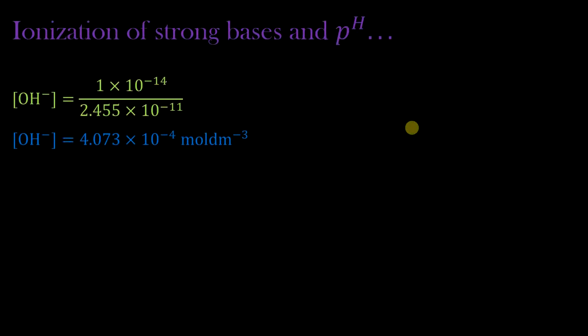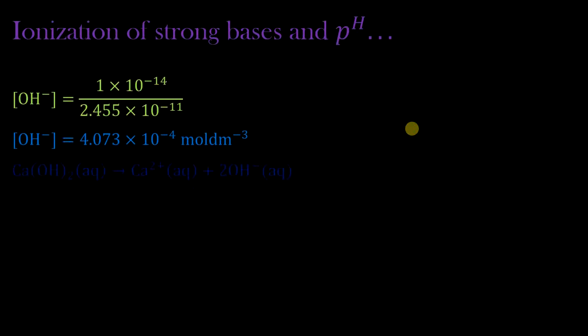So now that we have the molar concentration of hydroxyl ion, we can go ahead and write the dissociation equation for calcium hydroxide. And calcium hydroxide, once it is dissolved, will be giving us 1 mole of calcium ion and 2 moles of hydroxyl ion. Now the calcium ion is of no interest to us in this calculation, but the hydroxyl ion.